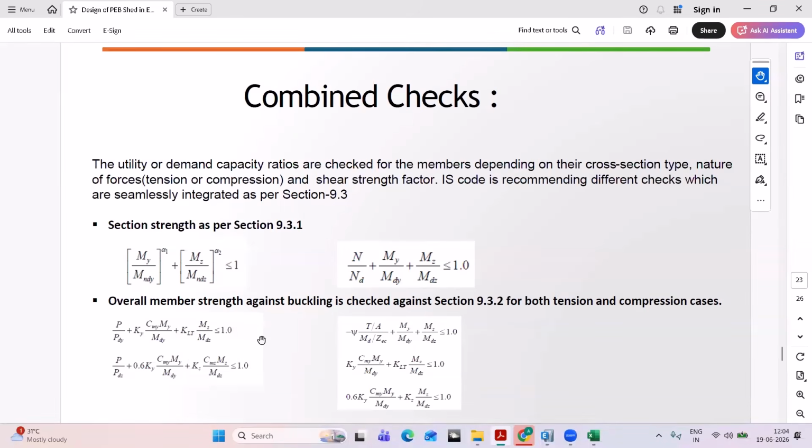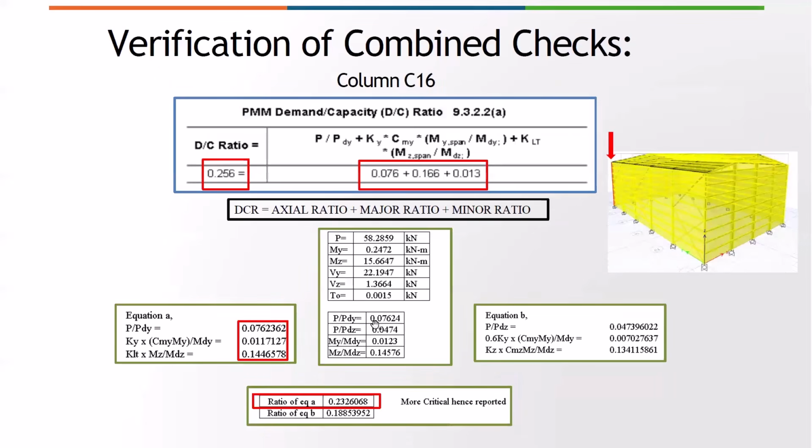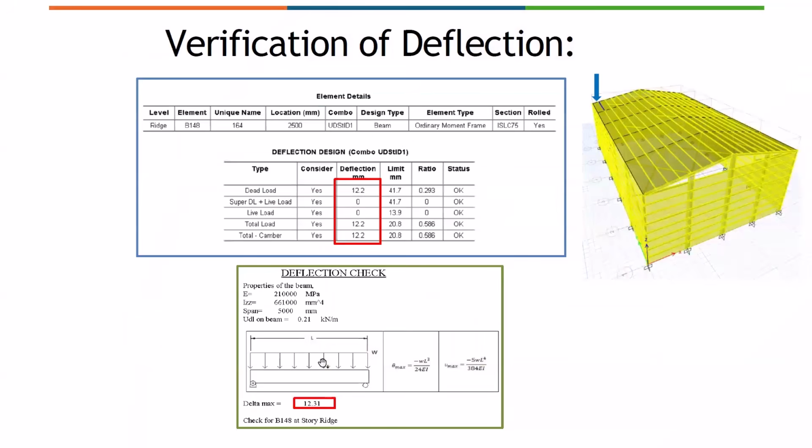Okay, so for the verification purpose, we have evaluated the ratios both for equation A as well as B. So this nomenclature, 9.3.2.2 A or B, is there in the IS code. So we have calculated the individual ratios for the different components for equation A as well as equation B, and we have summed them up here.